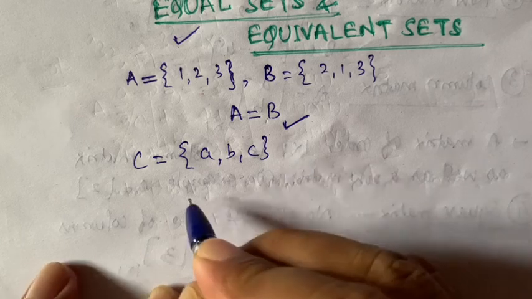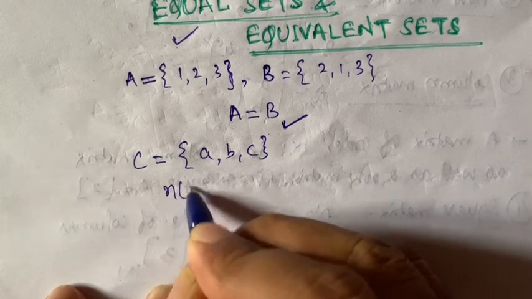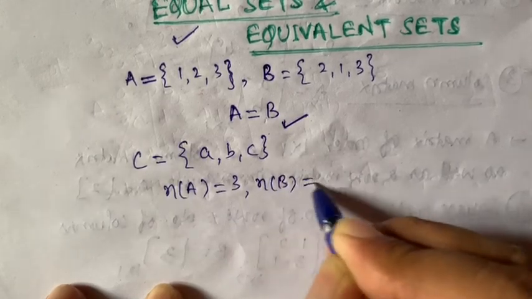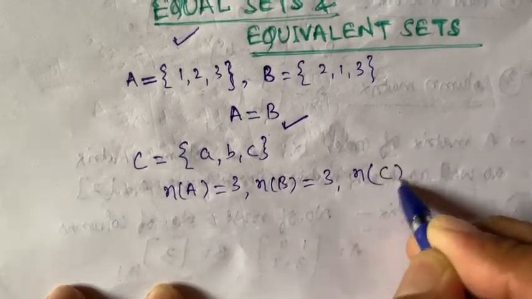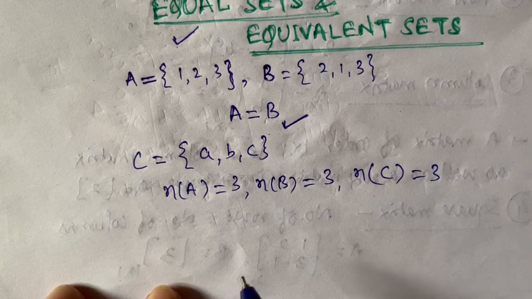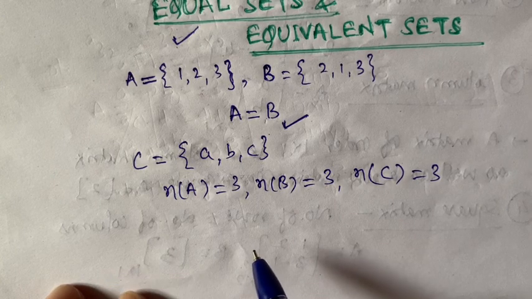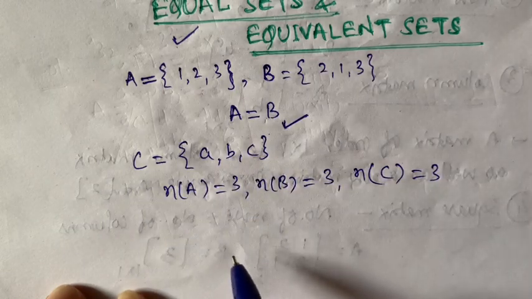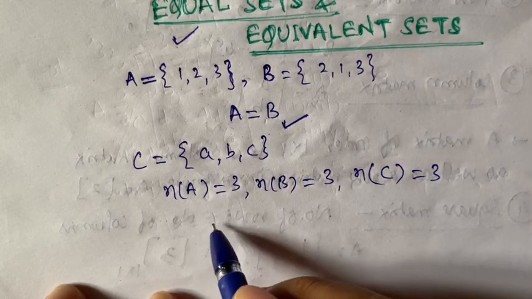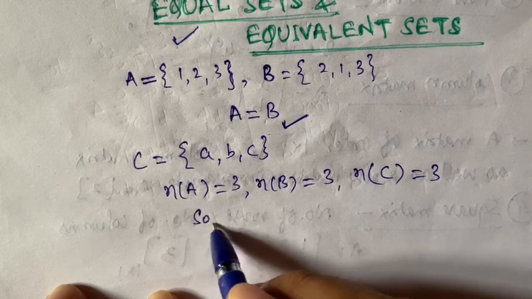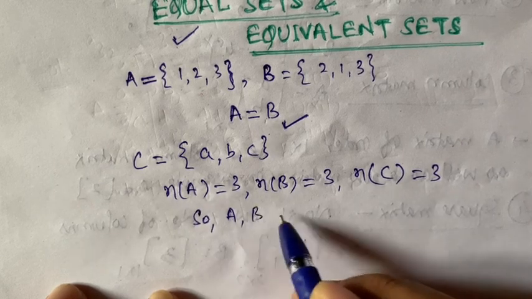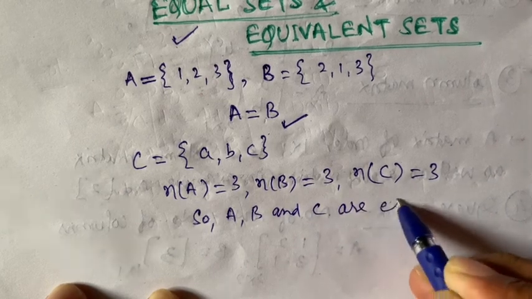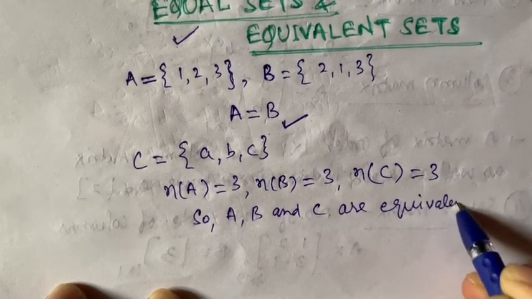But if we consider cardinal numbers, n(A) is equal to 3, n(B) is equal to 3, n(C) is equal to 3. What does this mean? We have the same cardinal numbers for all the three sets we have considered. That means they are equivalent sets. So A, B and C are equivalent sets.